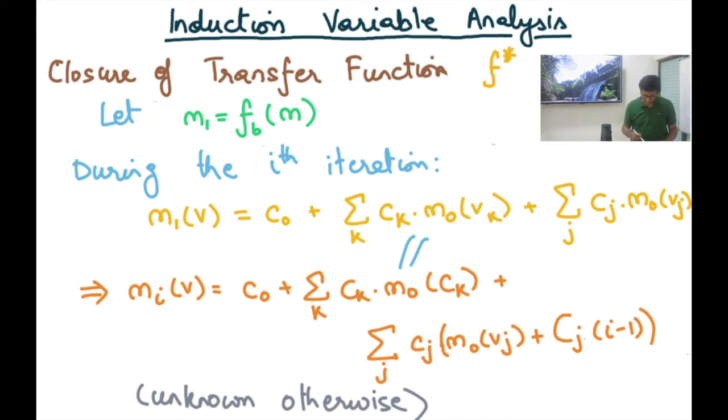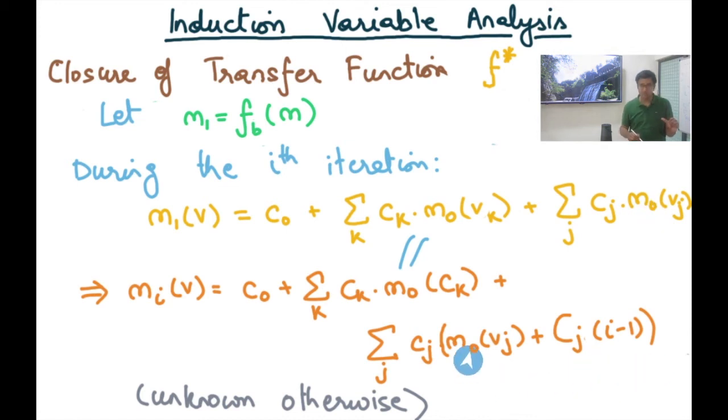Plus summation over j of cj, but instead of m0 vj, I'll have m0 vj plus capital Cj into i minus 1. This is at the end of the statement in iteration i, and so already i minus 1 iterations have elapsed. And so instead of m0, I want to substitute m_{i-1} here.